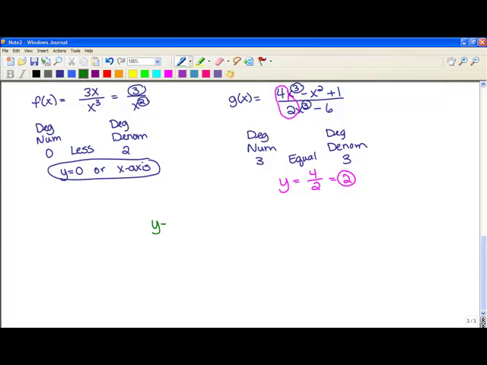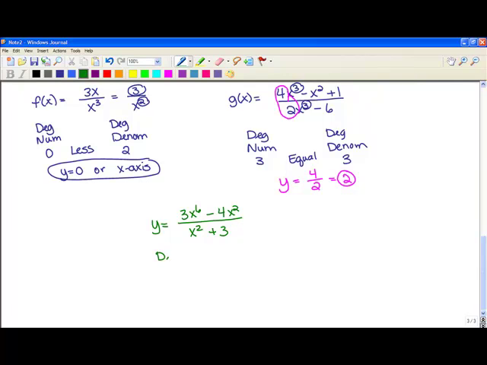In the last example, the function is 3x to the 6th power minus 4x squared, divided by x squared plus 3.